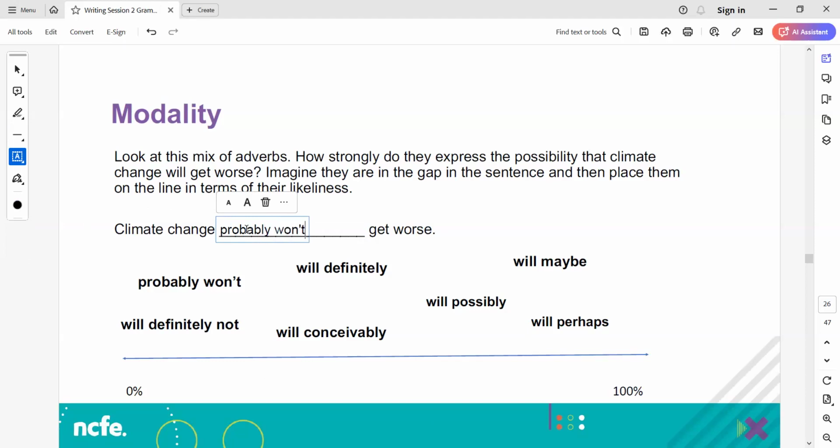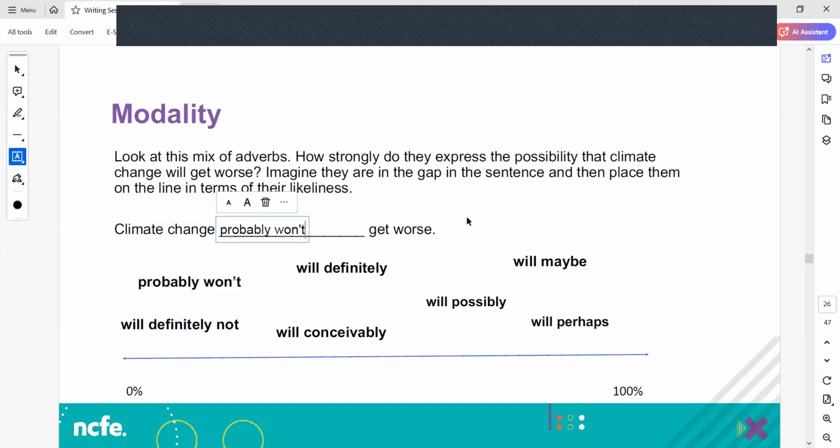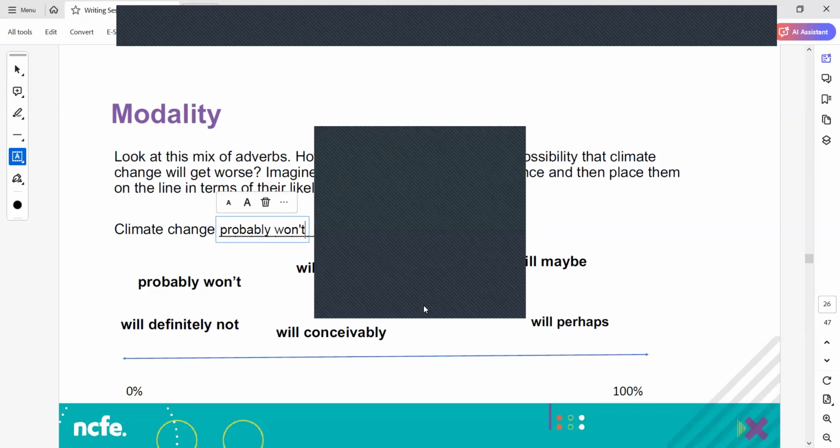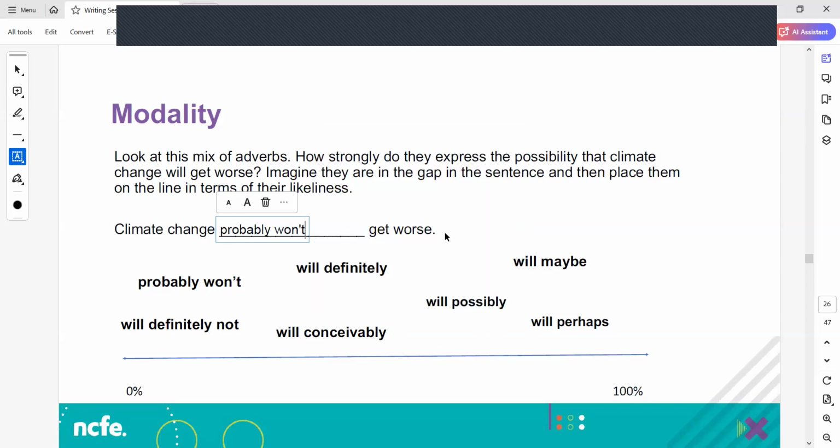So if I choose "probably won't", then that is very different than if I chose "will definitely", isn't it? I'm just going to mute everyone because I've got quite a lot of background noise. But obviously you can unmute if you need to ask a question or answer a question. So can you see the difference there?